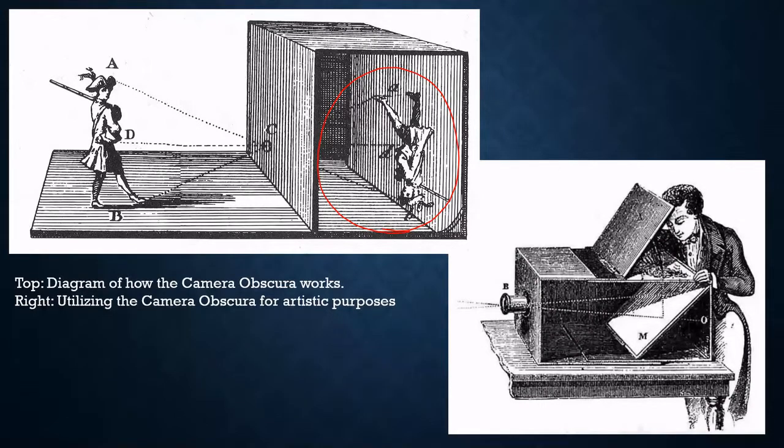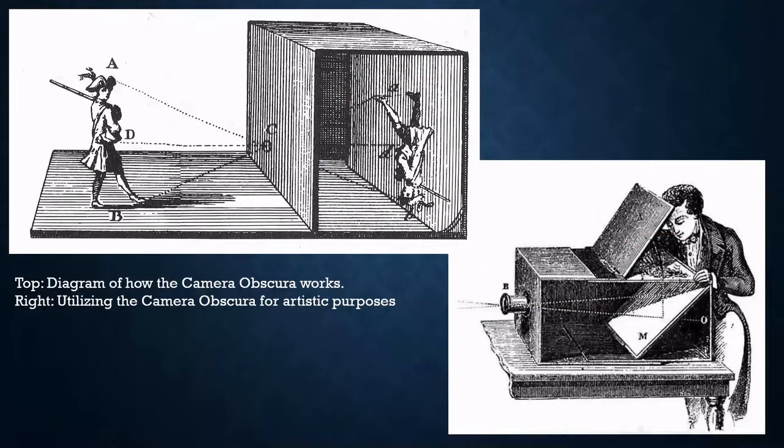And then a lot of animators and a lot of artists use this, because they can have an image here that they can reflect into this box and then trace over here in the middle. So it's almost like a very early projector.